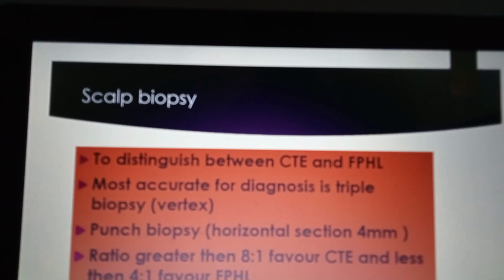In this biopsy, we usually take a horizontal section of 4 millimeter and then send it for histopathology. If the ratio is greater than 8 to 1, it favors trichotillomania, and if it is less than 4 to 1, then it favors female pattern hair loss.